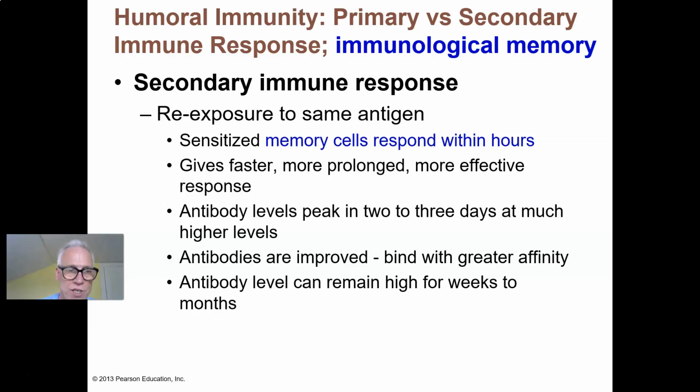It will never have a chance to produce disease in our body because the memory cells will trigger such a fast and aggressive response, it'll be wiped out before it ever gets that far. So that's called a secondary immune response. It's the reaction of the memory cells to a re-exposure.